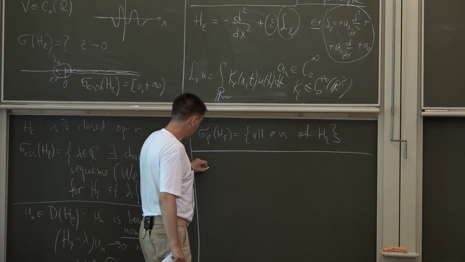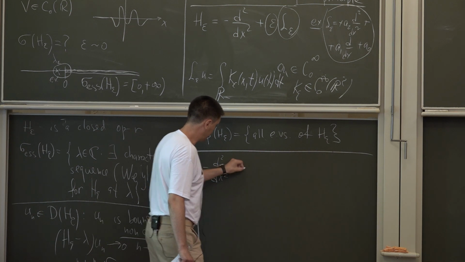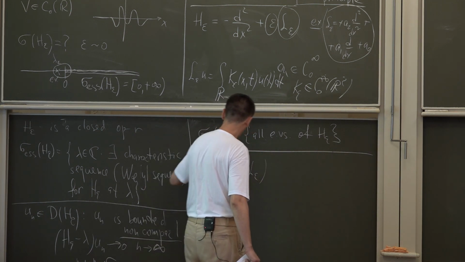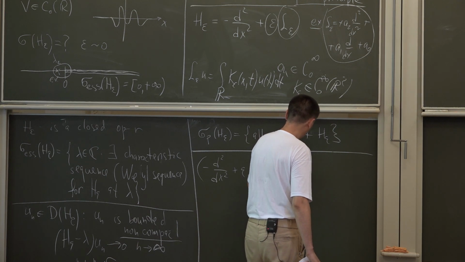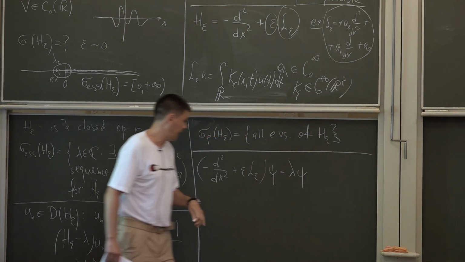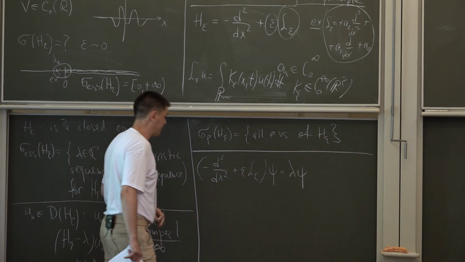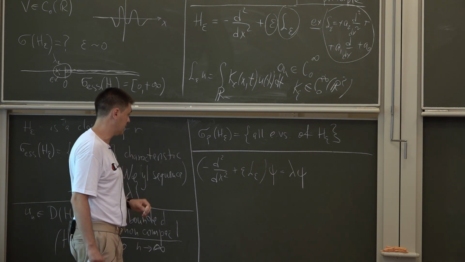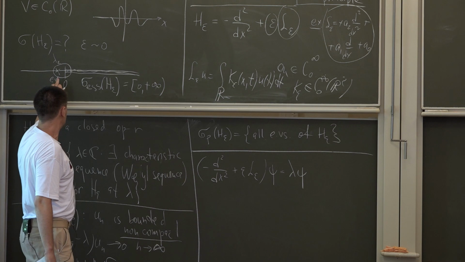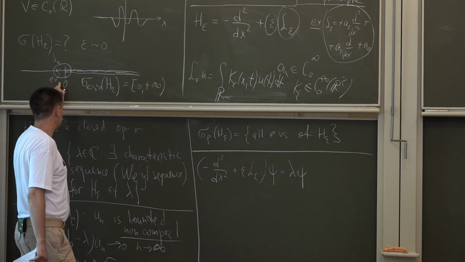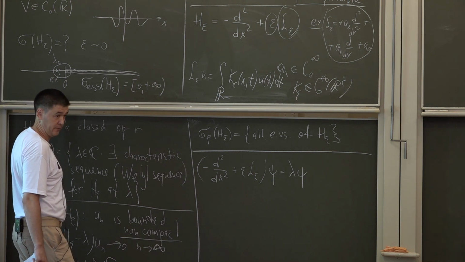And what we want is to solve the following eigenvalue equation. We want to find lambda such that for this lambda there exists a non-zero psi that solves this equation. And from this picture we know that in a self-adjoint setting this lambda epsilon should be negative.